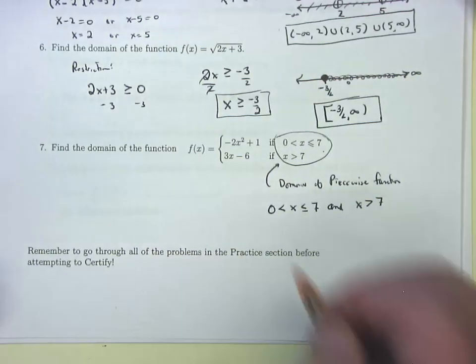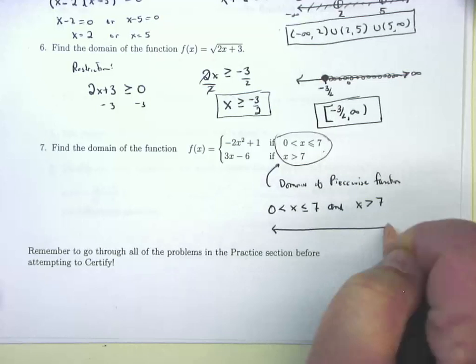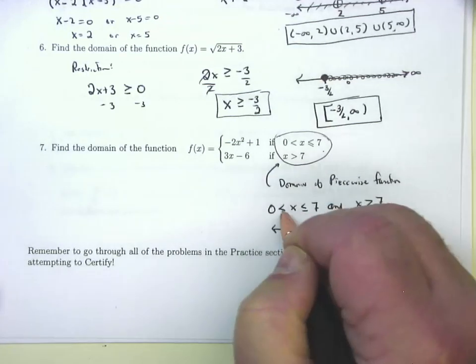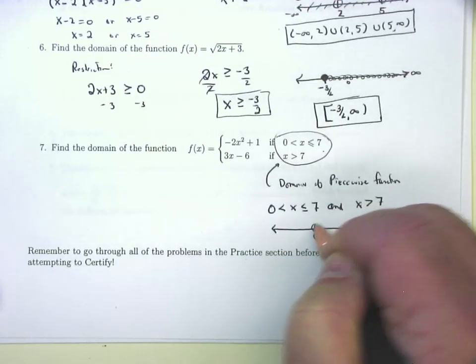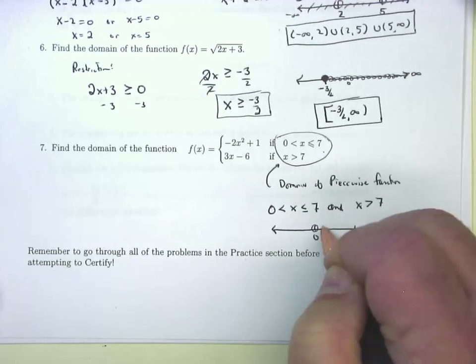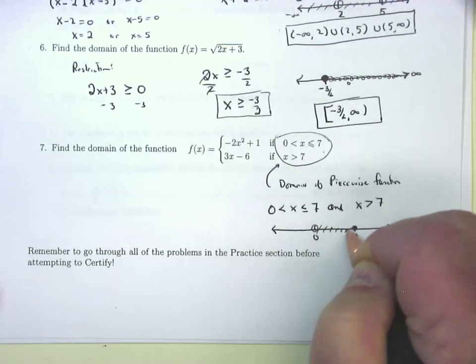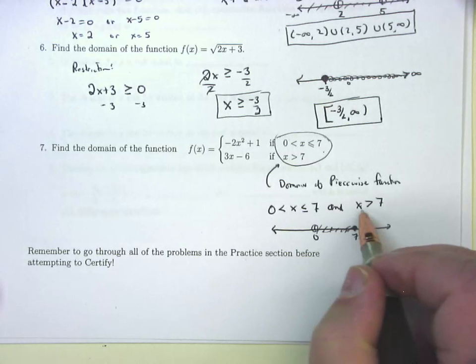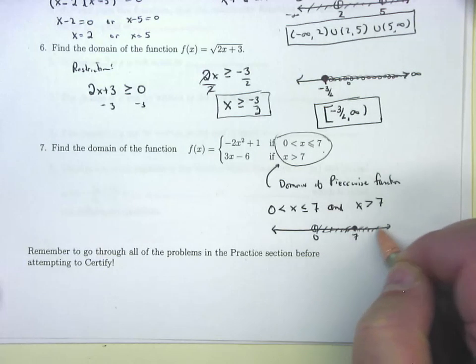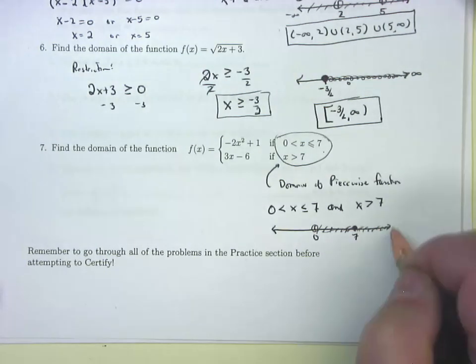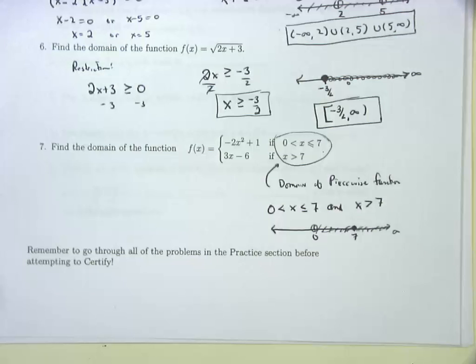So if you want to look at that in terms of a number line, 0, it's not equal to, so it's an open circle on 0 all the way up to 7. We're going to include 7, and then we've got x is greater than 7, so we're going to pick stuff up after 7. Now, if you put these two concepts together, 0 is less than x, which is less than or equal to 7, union or and, x is greater than 7.